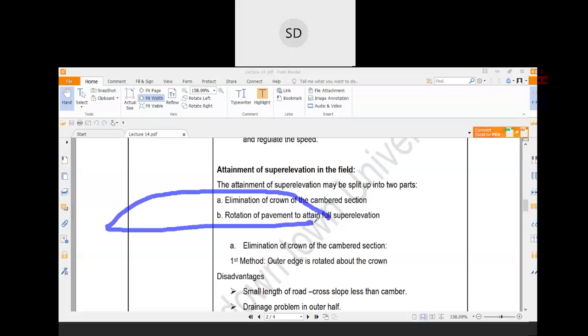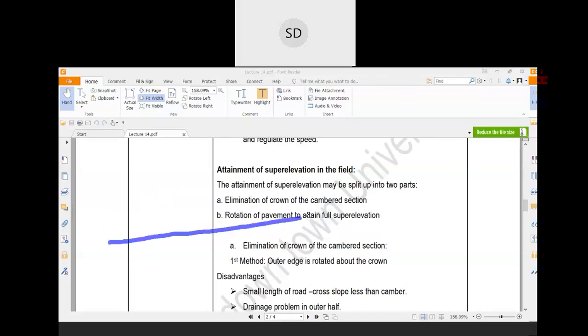Basically, this is the road surface and the topmost portion is called the crown.